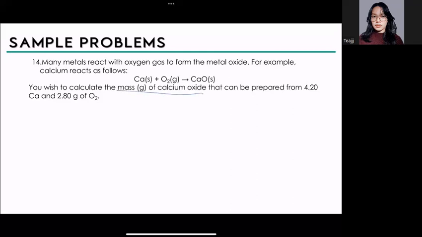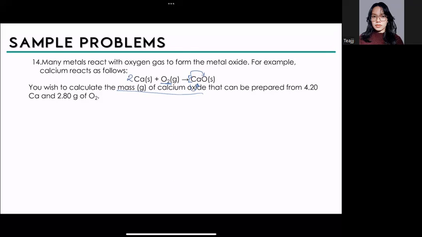Okay, so let's start. Yung equation natin, is it balanced? No. So we have 2 oxygen. So lagyan natin ng 2 here. Since apektuhan din calcium natin, so you put 2 here. So yan na yung balance equation natin.